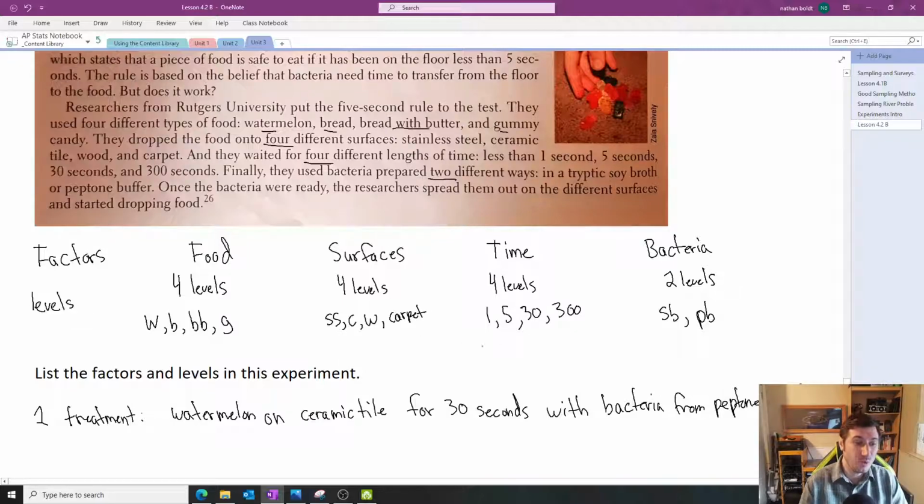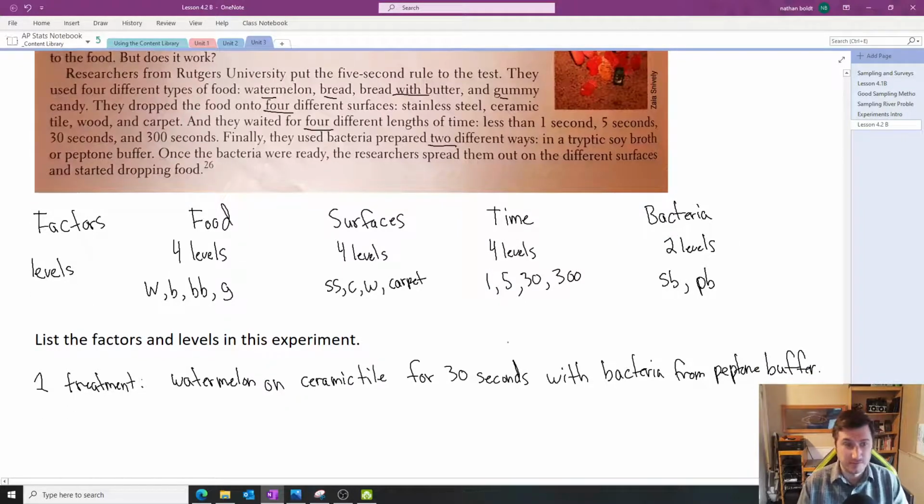That is just one treatment. There are lots of combinations here, right? To figure out how many, you just multiply them all. So total treatments: you do 4 times 4 times 4 times 2. I believe that gives you 128 different treatments.